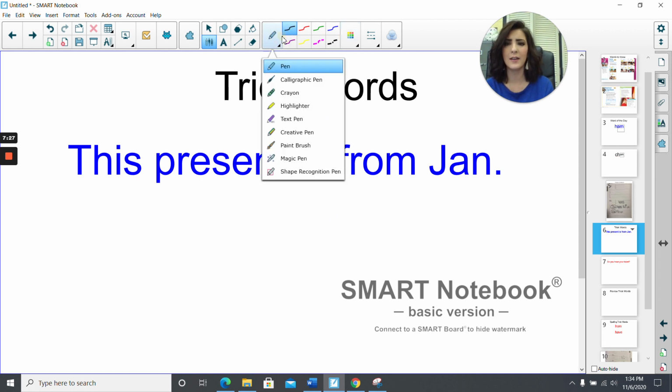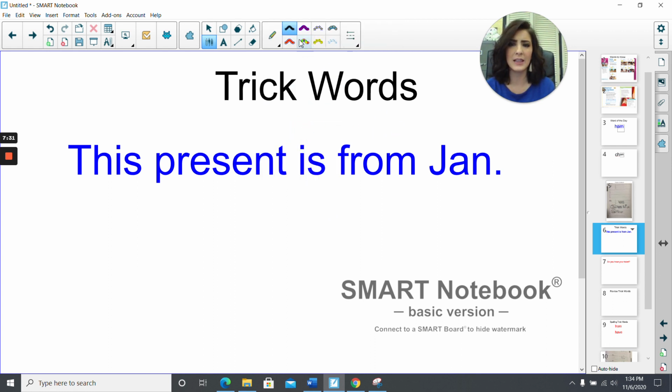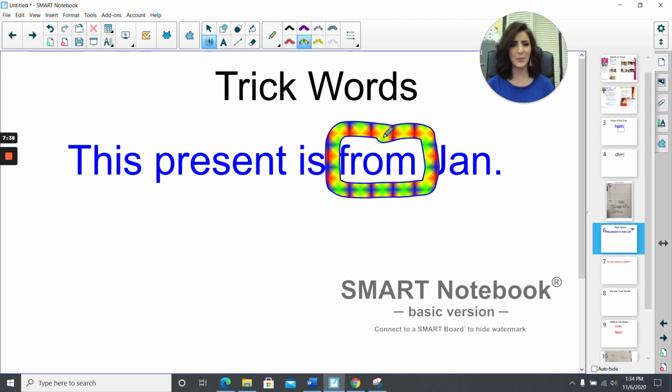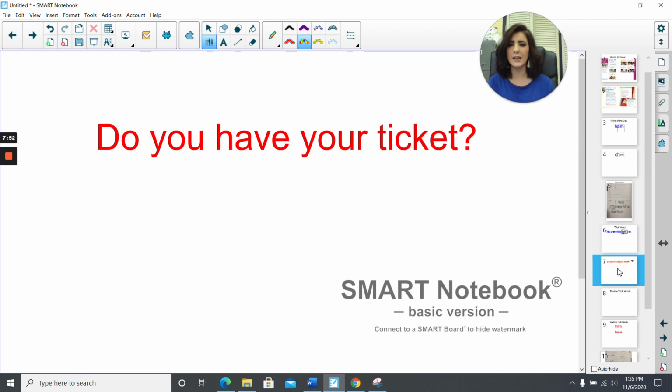Let me get my fancy pen out here. Creative pen. We like that. That makes it fun. And we are going to circle the word from. And then let's take a look at the next sentence. Remember, in our sentences, we always make sure there's a capital letter and a period at the end. It says, do you have your ticket?